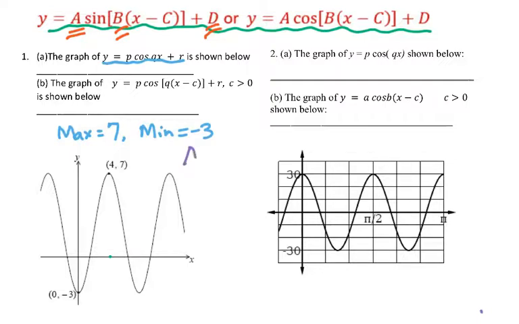So we can figure out A equals maximum minus minimum, so 7 minus negative 3 over 2, that's 5. For midline, I got 7 plus negative 3 over 2. You got 2.